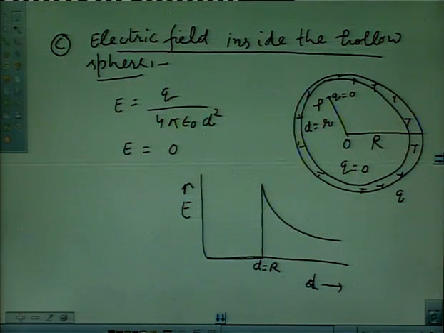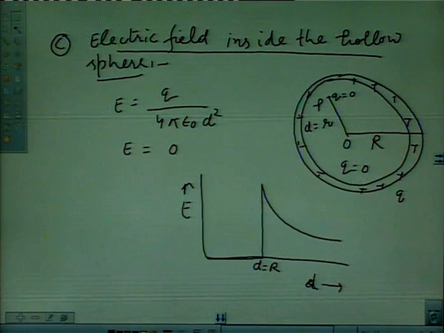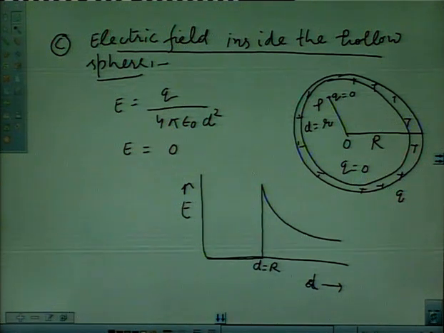At the surface, when the distance becomes equal to the radius of the sphere, the electric field is maximum. Then when we go outside the hollow sphere, the value of the electric field will decrease. So this is the graphical representation of the electric field for the hollow sphere.